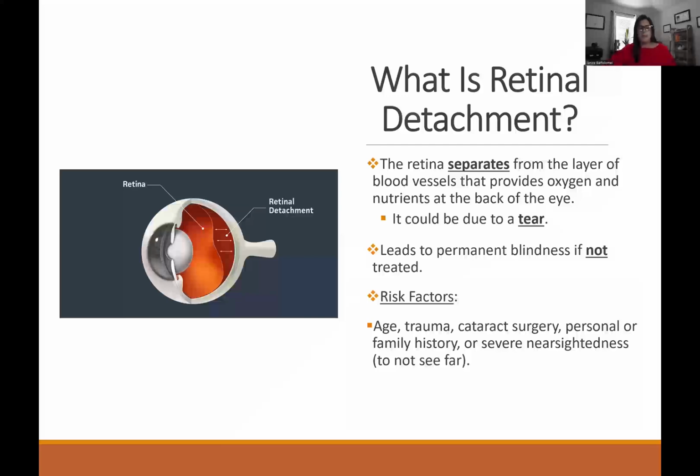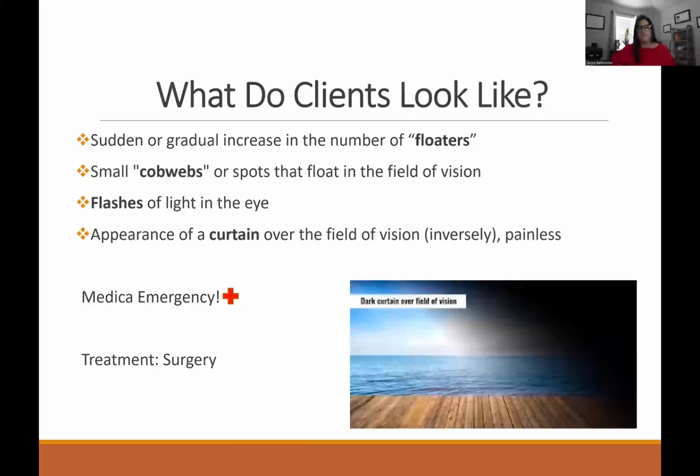And your clients manifest in this particular way. They have a sudden or gradual increase in the number of floaters. So when you're looking at something, you see little things floating, and those are just the blood from the tear. You can also see cobwebs or spots that float in the vision field.